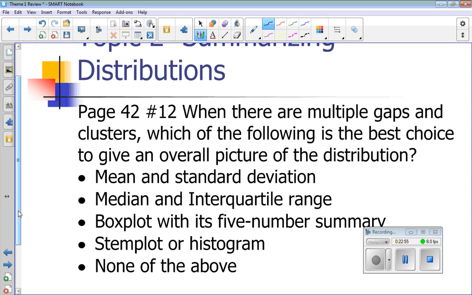What's going to show gaps? Only that will show gaps. A box plot will show shape, but it's not going to show gaps. The five-number summary won't either. The box plot would show outliers, though, wouldn't it? The outliers are shown, but gaps was the key word there, okay?